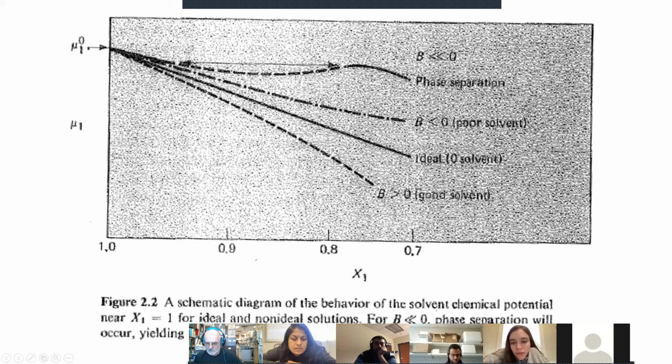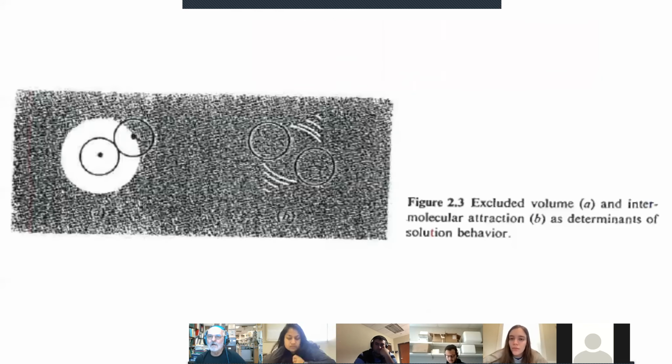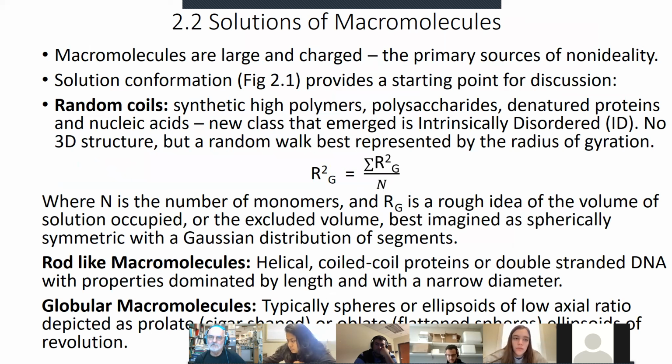The non-ideality, which started as an activity coefficient and has now been defined as a virial coefficient, will dictate the curvature. It'll curve down, more non-ideal, or it will curve up, less non-ideal. Okay, it depends. All right, so I'll come back to that in a moment.